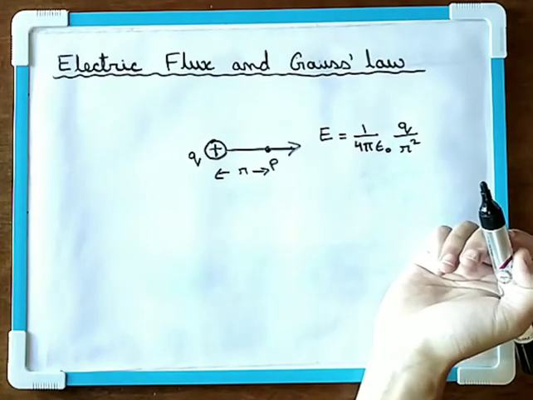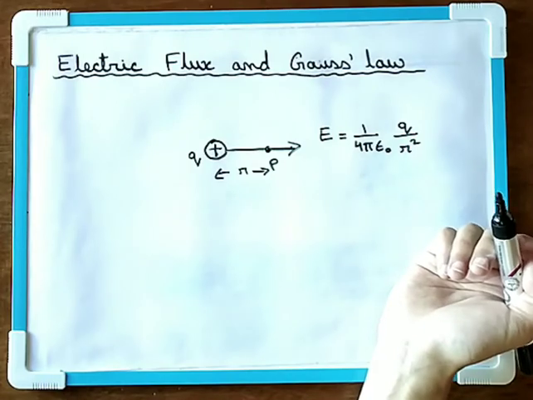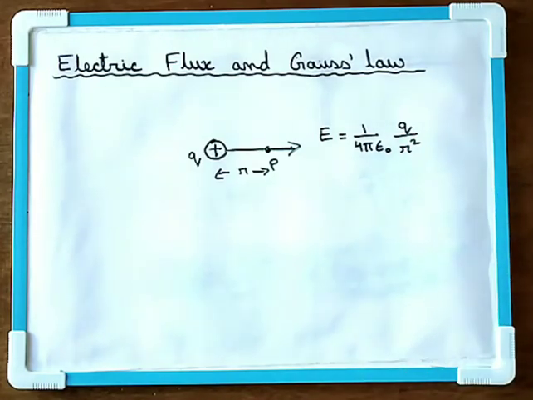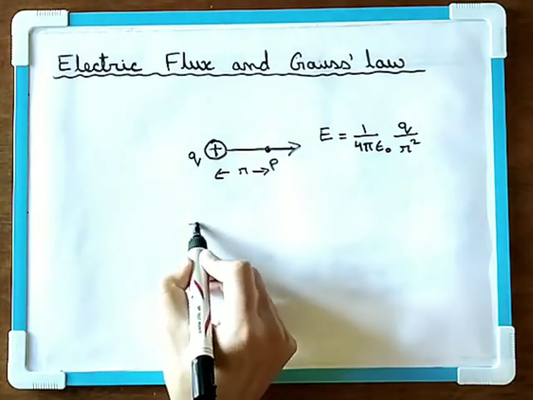We have also found out the electric field intensity due to a system of two equal and opposite point charges, which is an electric dipole. So we have an electric dipole here.